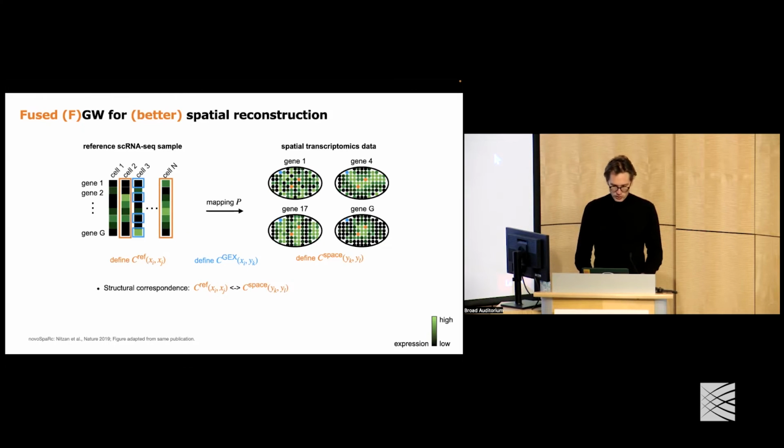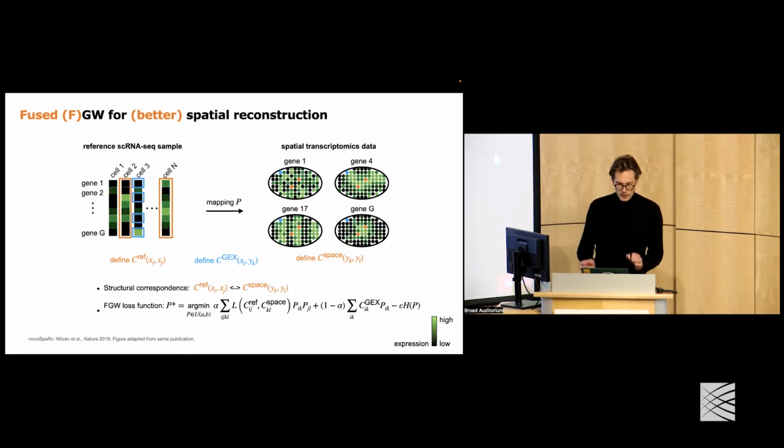We can still make the structural correspondence assumption, and now we can combine the two pieces weighted by an alpha factor that is now a weighting factor between the Gromov-Wasserstein, so the quadratic term that enforces the structural correspondence assumption, and the Wasserstein, the linear term that we saw before with Marco. And again, we can add entropic regularization here. So that flavor is called fused Gromov-Wasserstein, and it will be important in many of the applications that I show later on.